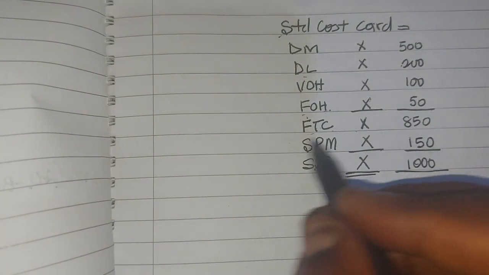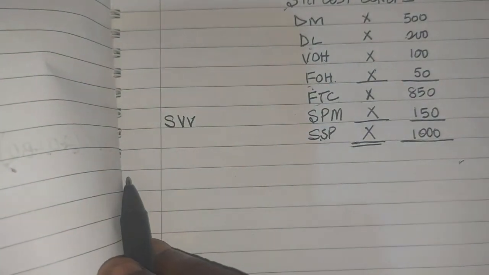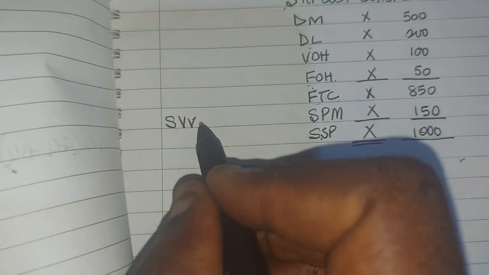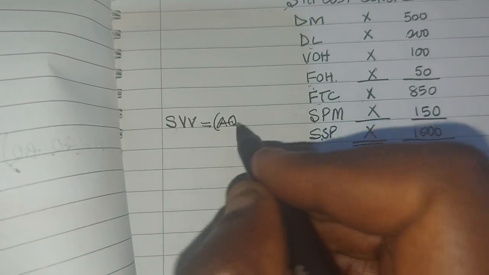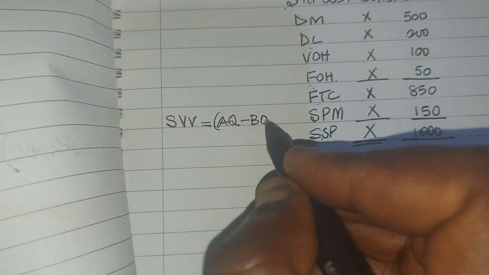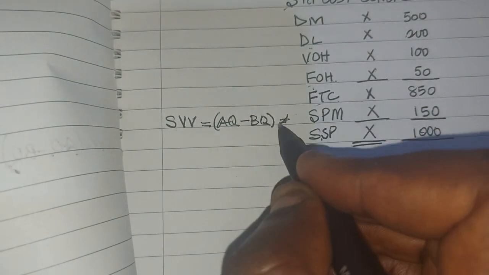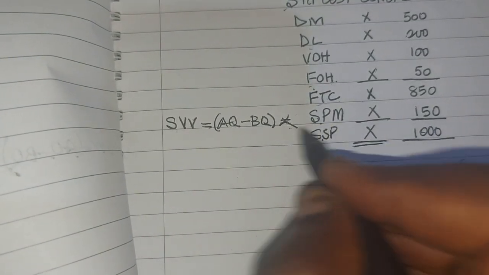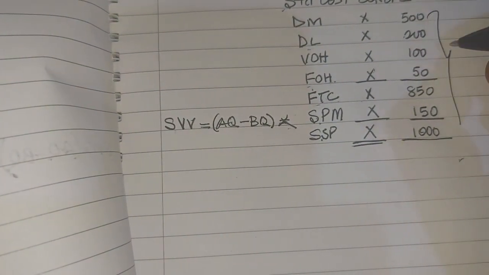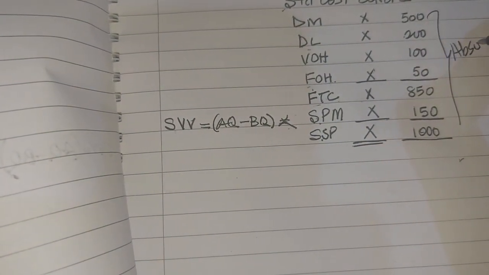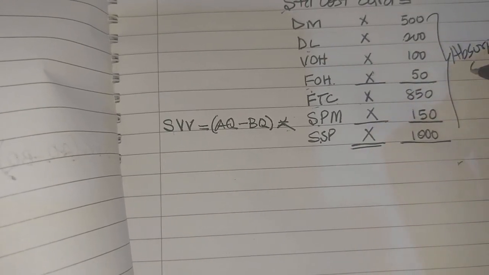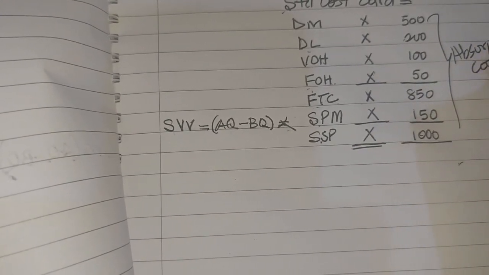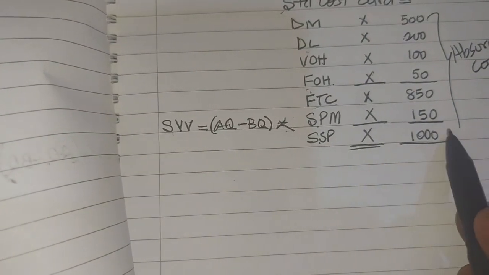If you are asked to calculate sales volume variance, that will be nothing but actual quantity minus budgeted quantity multiplied by standard profit margin. So this is called absorption costing. If the company uses the absorption costing principle, you will use standard profit margin.